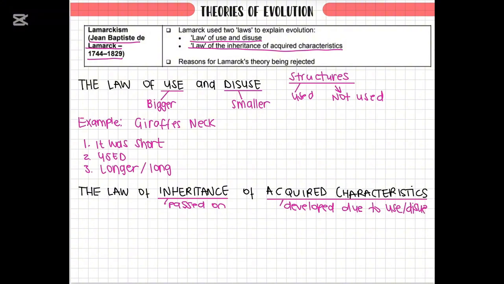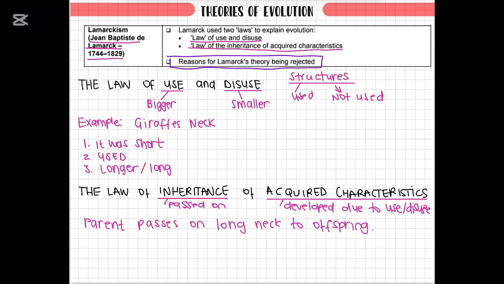So we can simply say that parents pass on the characteristic that was acquired to their offspring. In the case of the example, we talk about the long neck. So they pass on long necks to the offspring.